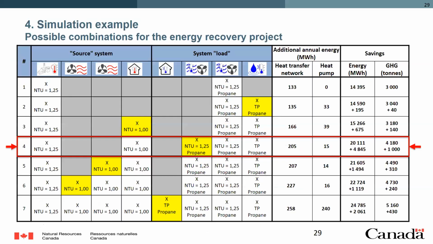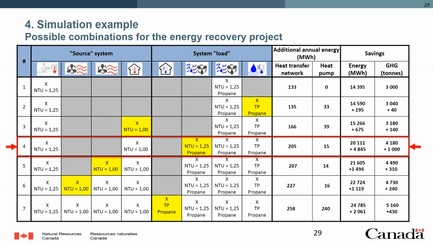So this table here provides a number of combinations that were put together for this example. On the left side, we have the 4 sources that we were considering. On the system load side, we also have the 4 loads that were considered.